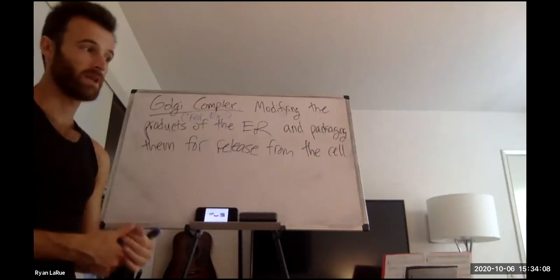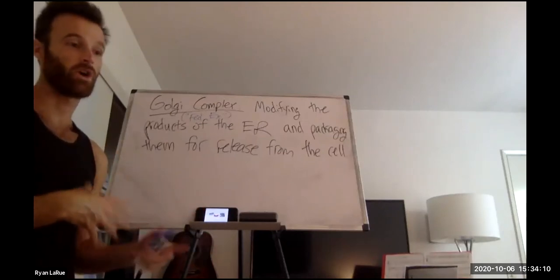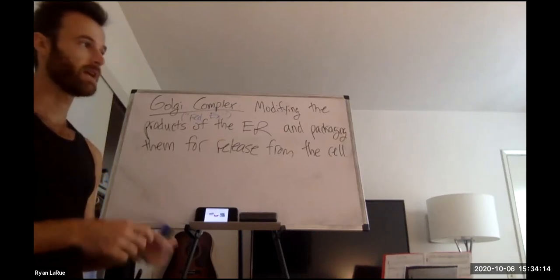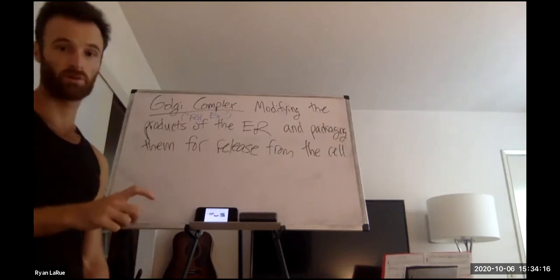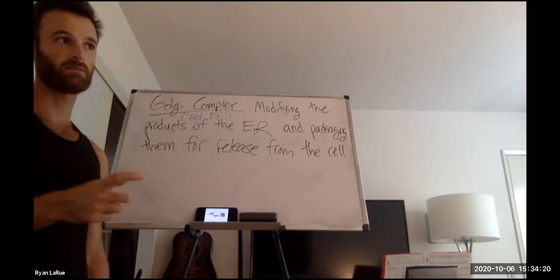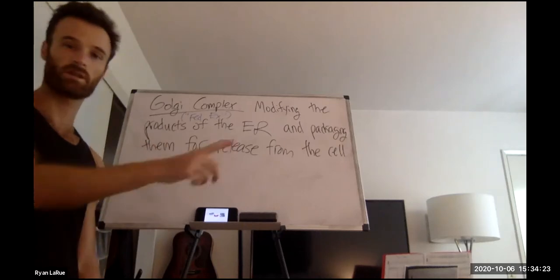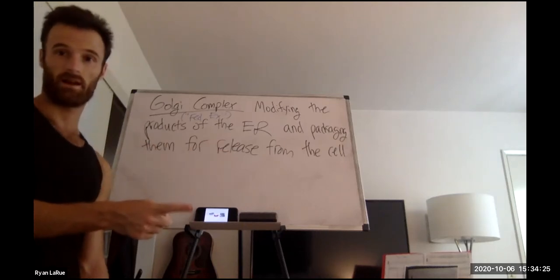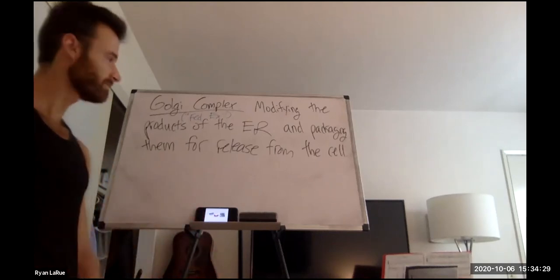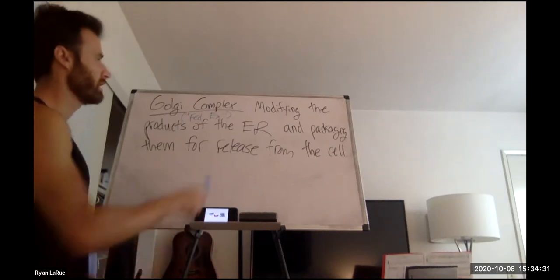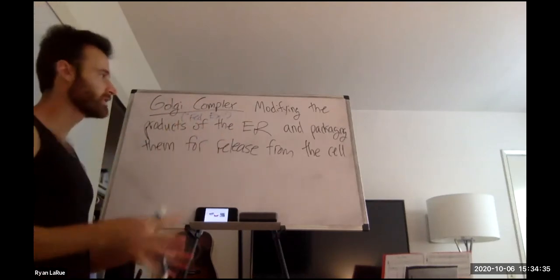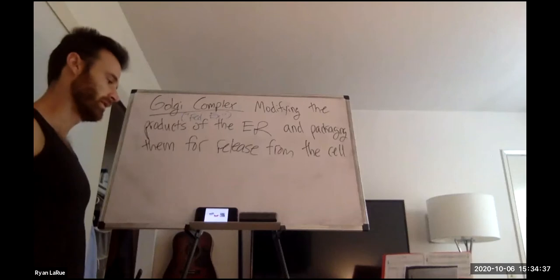It's the same thing with proteins, funny enough. They often get tagged with a little carbohydrate chain that will distinguish the protein and allow wherever it's going to recognize it and take it in or process it or whatever it is. But I just want you to know that we are modifying these products of the ER and packaging them. It's the FedEx of the cell.